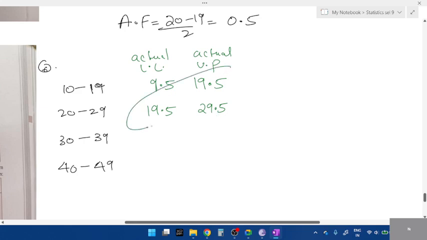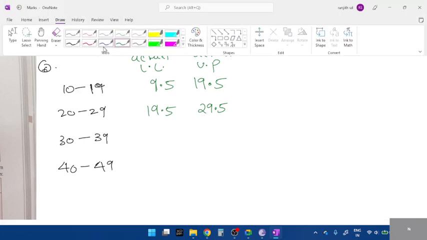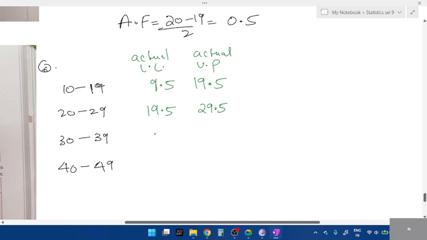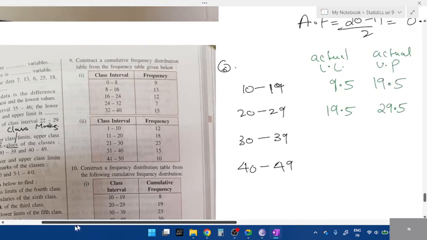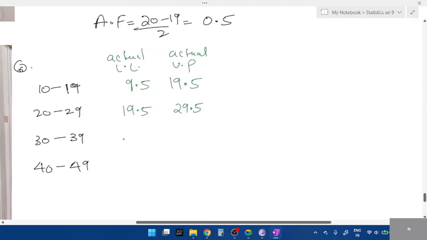See, logically, only then it is continuous, right? What's the next one? Just copy this 29.5. Next, just copy this 39.5.